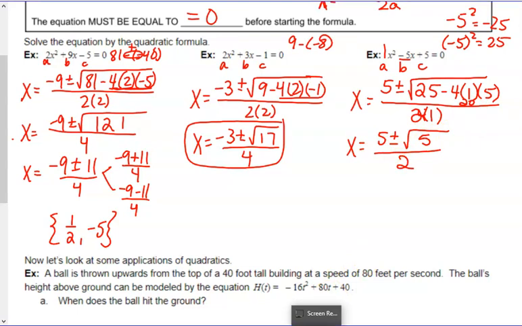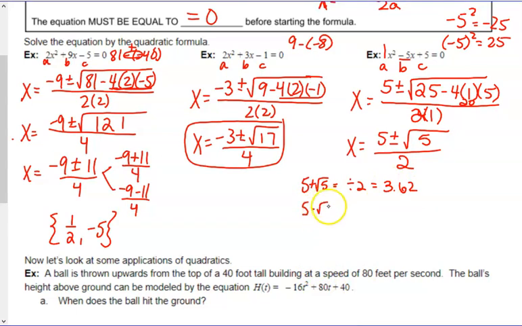Now, if you don't know how to use your calculator, you probably want to make sure that you can use these to find a decimal value. So if you do 5 plus root 5 all over 2, make sure that you do 5 plus root 5, hit equals, and then divide by 2. So one answer that you should get, and I want you to check these to make sure that you get the right numbers, is 3.62.